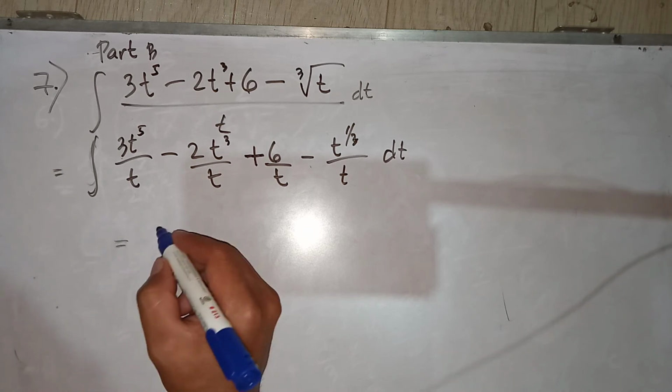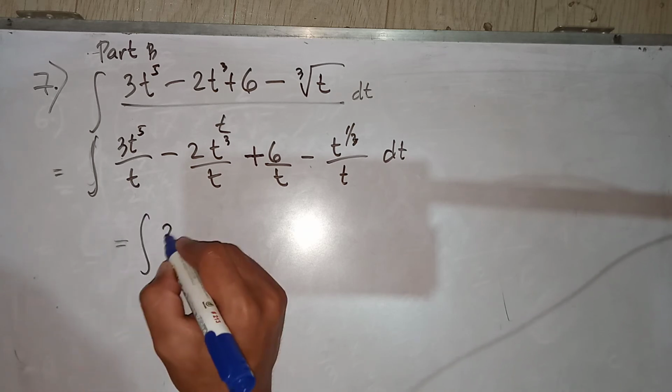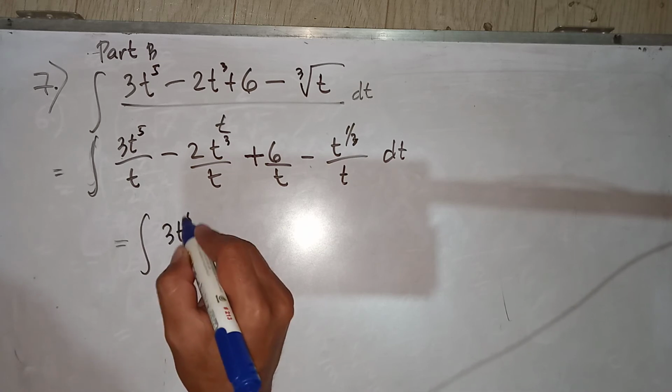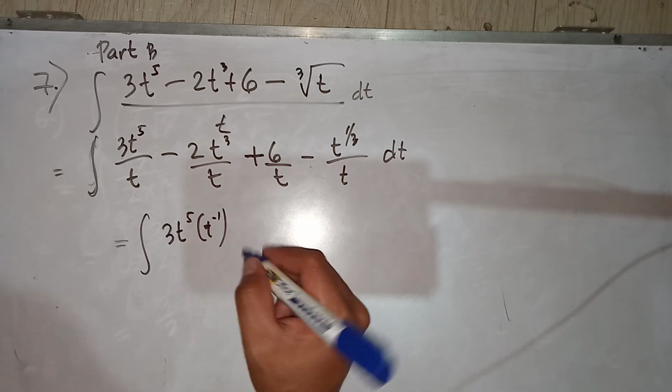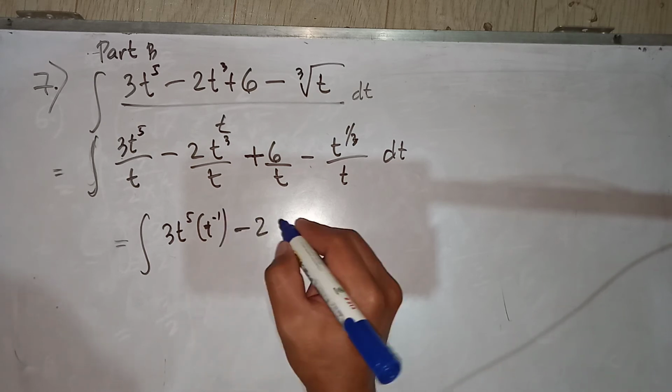So we could write this as integration of 3t to the 5th times t raised to negative 1, or t inverse.